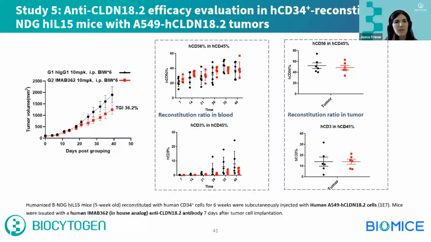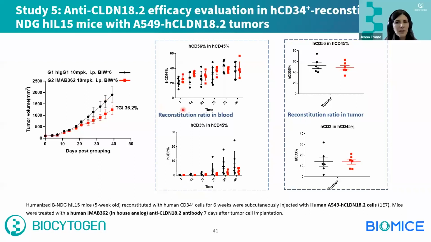So in this example study, BNDG humanized IL-15 mice were reconstituted with CD34 cells for 6 weeks and then subcutaneously injected with human A459 adenocarcinoma cells with humanized Claudin 18.2, which is a popular tumor-associated antigen. After 7 days, mice were treated with the anti-Claudin 18.2 analog antibody, and this was shown here by the red curves as compared to the IgG control shown in black.